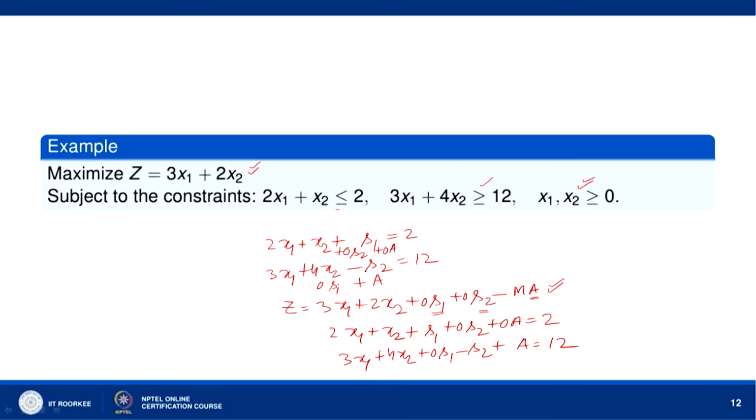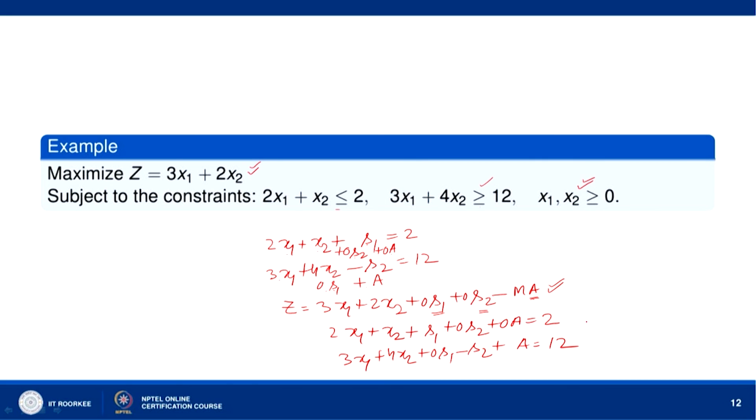The first inequality is of less than or equal to type, so we have 2x1 plus x2 plus s1 equal to 2. But s2 and a are also there, so we add 0 s2 plus 0 into a, and here 3x1 plus 4x2 and then 0 s1, and we subtract the surplus variable s2, so minus s2 plus the artificial variable a equal to 12.